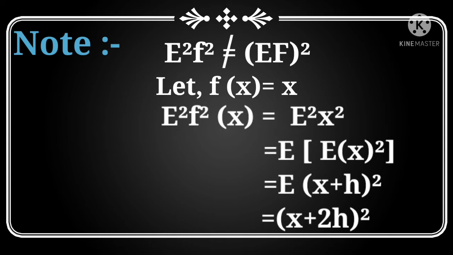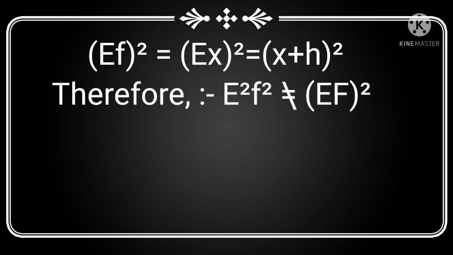Let f of x is equal to x. E square f square of x is equal to E square of x square, which is equal to E of [E of x square], which is equal to E of (x plus h) whole square, which is equal to (x plus 2h) whole square.